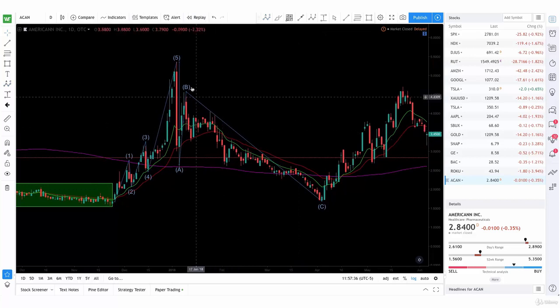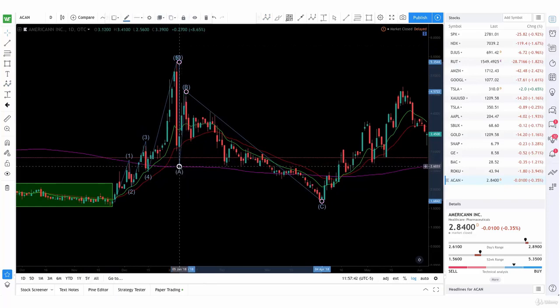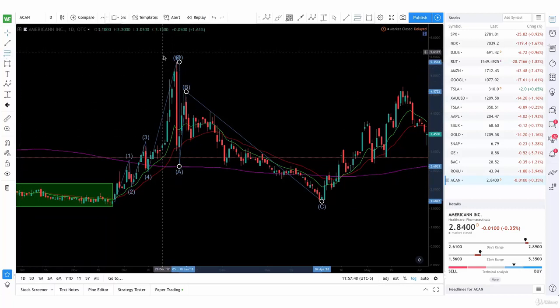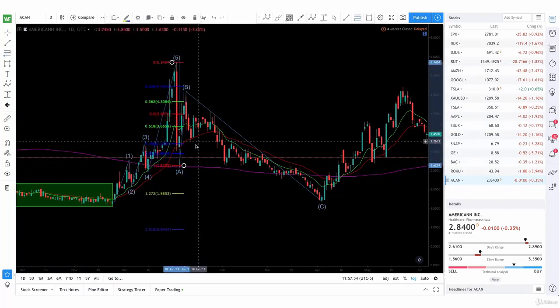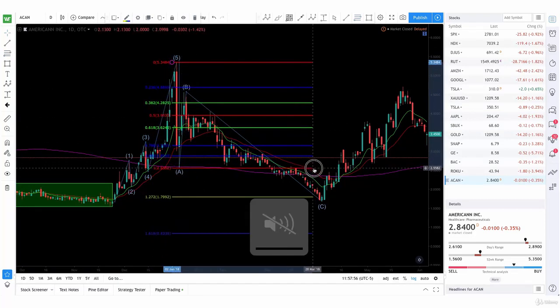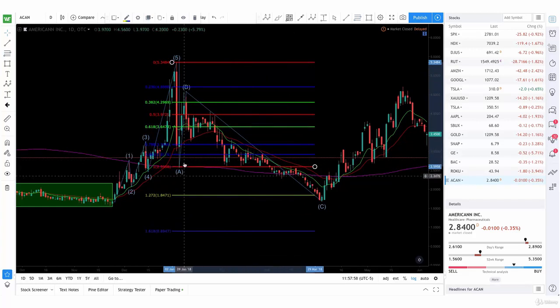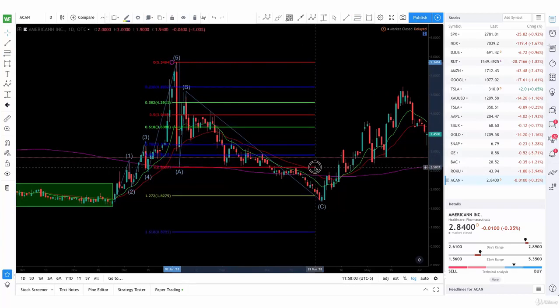Now, how do we know the lengths of these legs? Usually what you want to look at is when you get that big drop, and you get the bounce. You want to measure with your fib tool again from the bottom to the top of it. And after wave B is in place, you want to keep an eye on that.